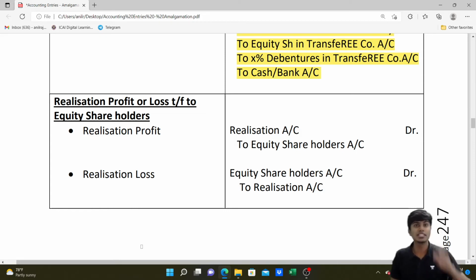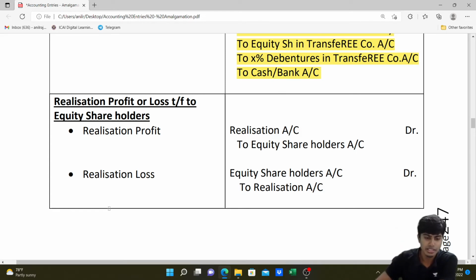We would also have to consider premium payable on redemption or discount on redemption of preference shares. Once we consider all of this, if there is realization profit, that will be credited to the equity shareholder account, because it will increase the money that we should pay them. If there is realization loss, it will be debited to the equity shareholder account.